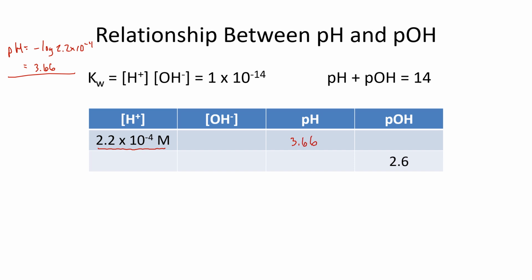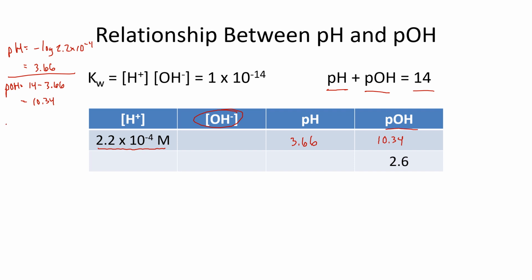And then the easy thing is that you know that the pH and the pOH always have to add up to 14. So pOH for this is going to be 14 minus the 3.66. And that equals 10.34. Then if we want to figure out the hydroxide concentration, we've got the pOH.